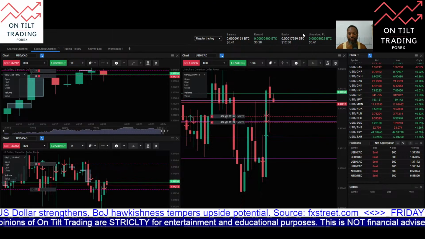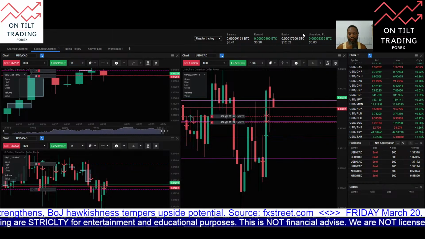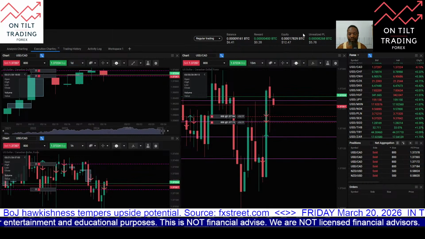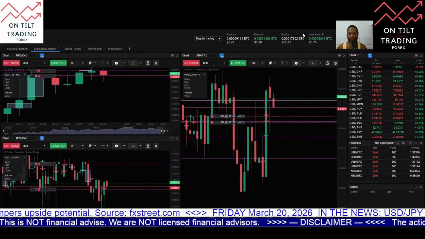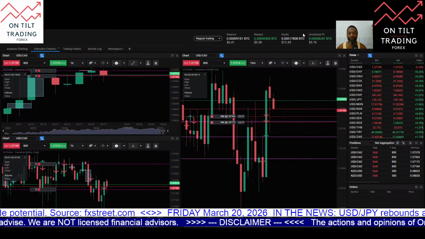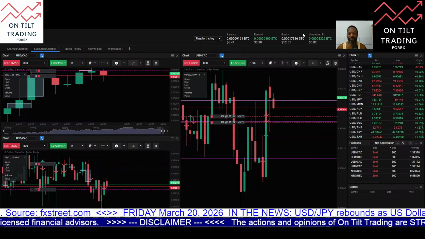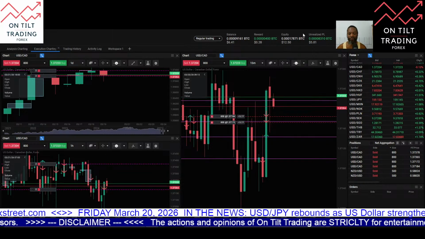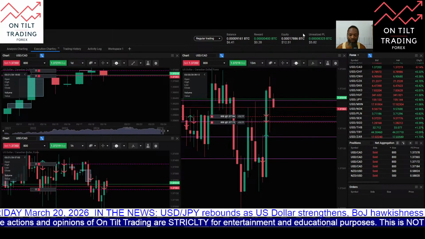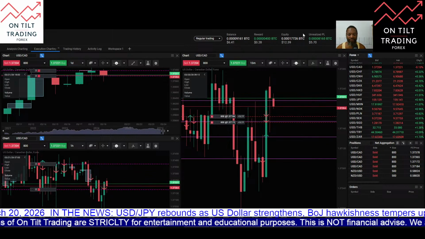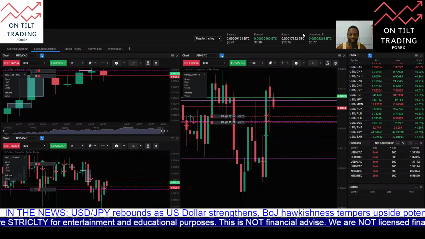Now seeing the opening of this current 15-minute candle with some sell side delivery, 137,200. And we'll see if price action delivers to this gap, and if it does, how it reacts to that gap.